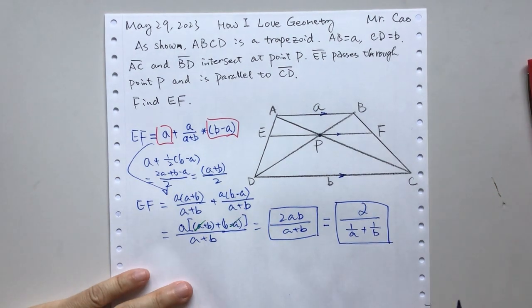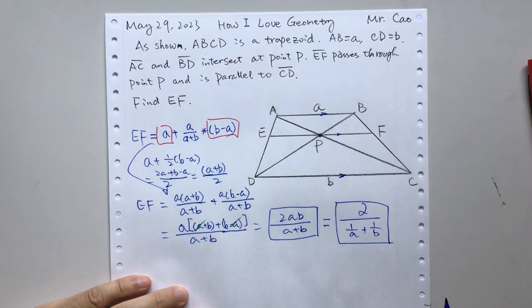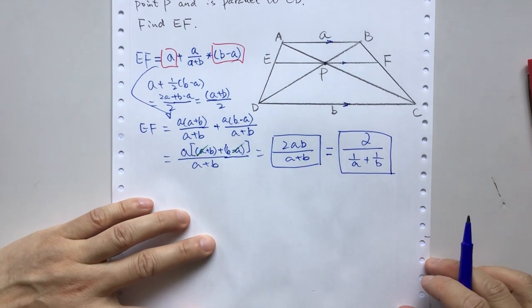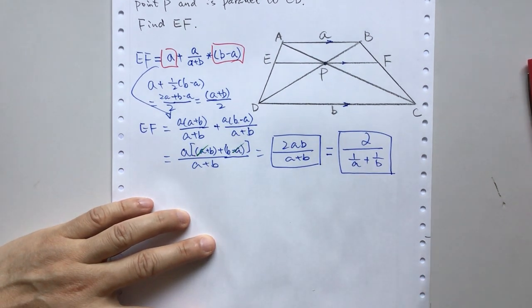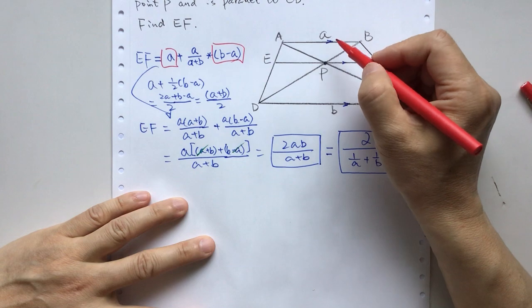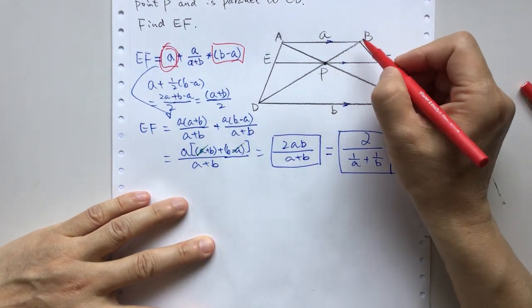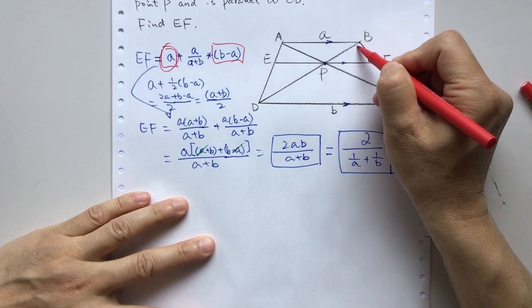Sometimes when we try geometry problems, we can use intuition. And after that, I think about how to explain why I got this. I think this part A, we can split A from this part, right?